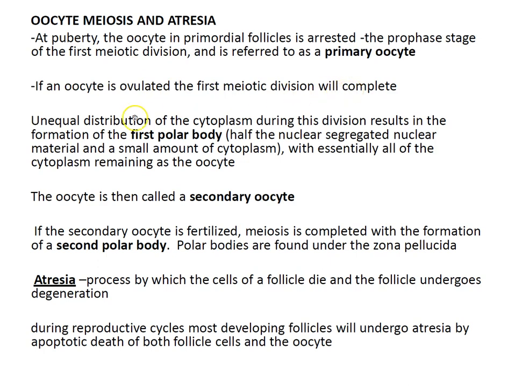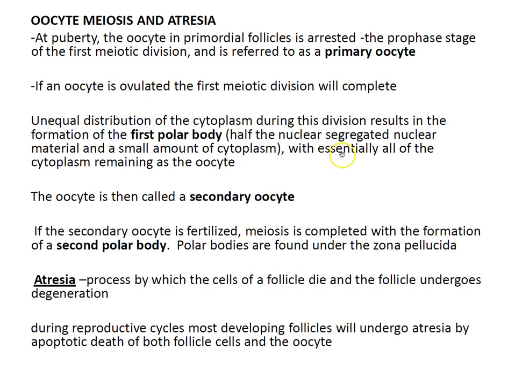During this division, an unequal distribution of the cytoplasm results in the formation of the first polar body, which contains half of the nuclear material and a very small amount of the cytoplasm.